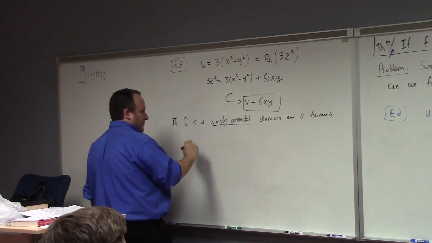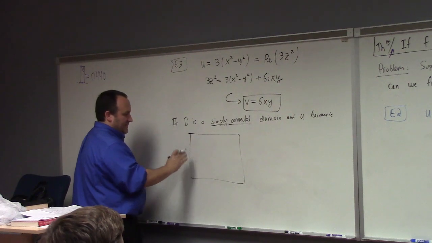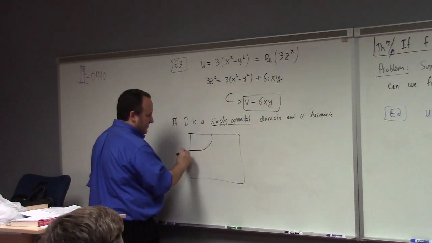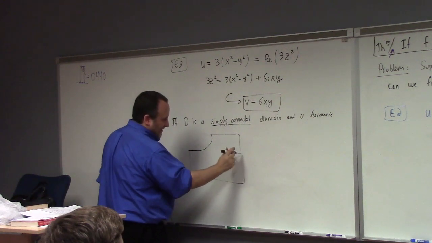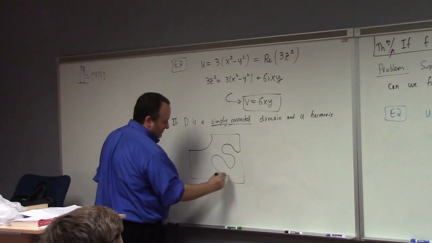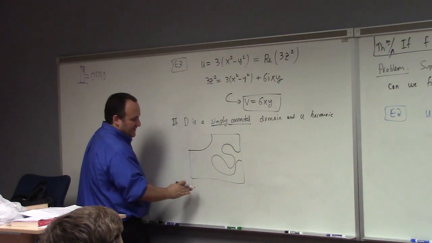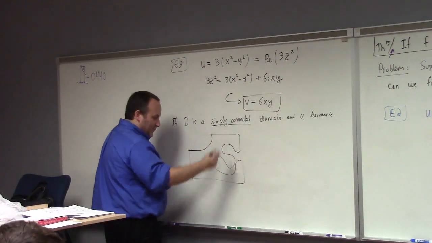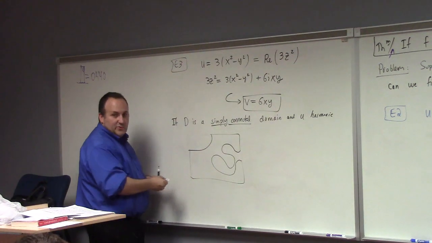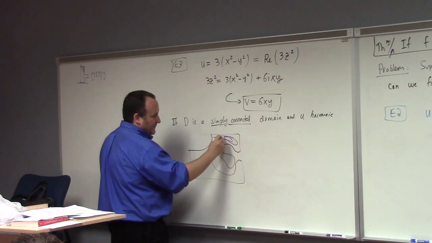consider, so let's draw a picture. Simply connected basically means that it might have some kind of jagged bit out of it, and it doesn't have to be that pretty, but the point is it's got no holes in it, in the sense that I can take any loop in the space and deform that loop to a point.